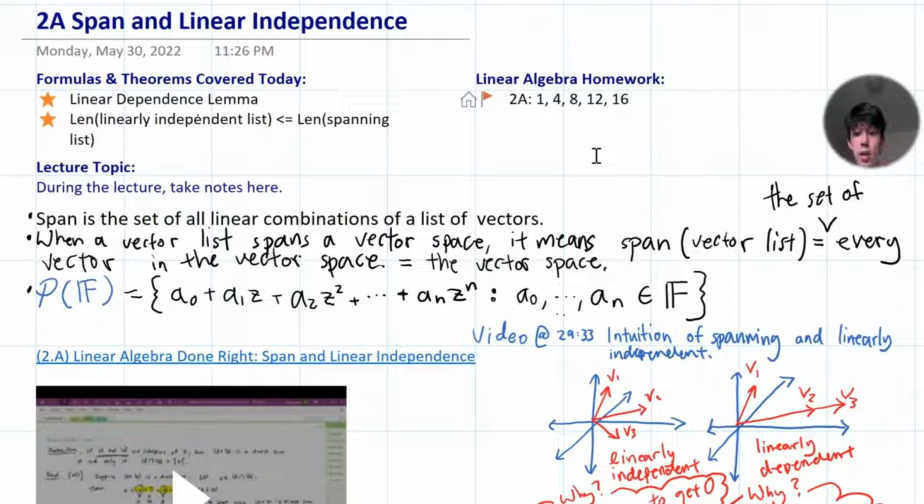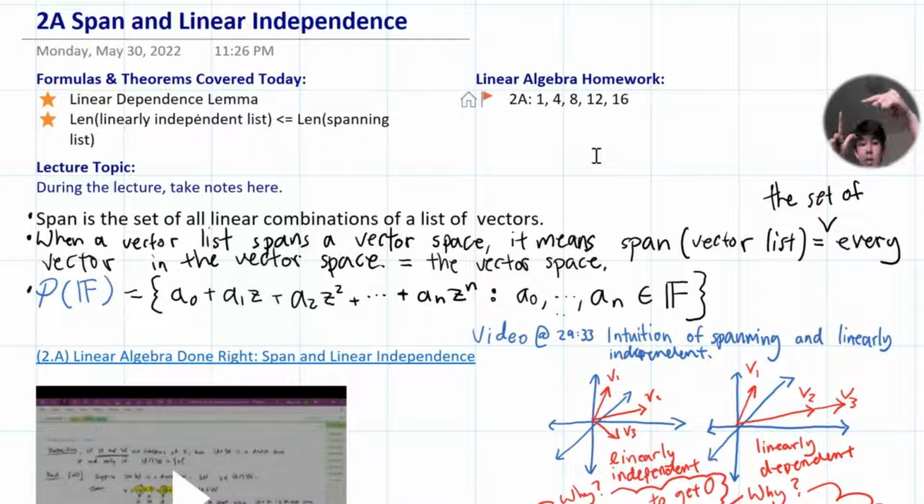So the span of those vectors is every vector in this space, which is the vector space. So that's what it means when a vector list spans a vector space. It means that the span of that vector list creates every vector in your vector space, right?